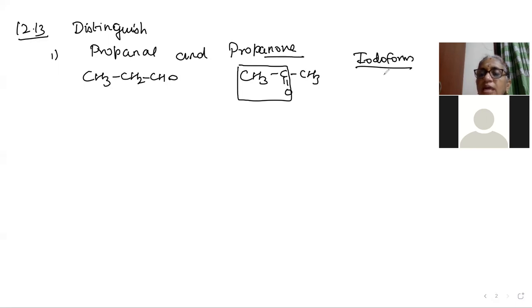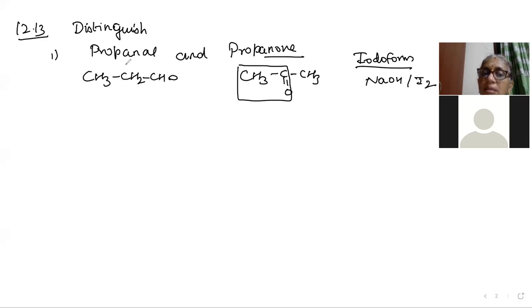What reagent do we add in the iodoform test? Sodium hydroxide and iodine. And on adding this reagent, this ketone alone gives a yellow precipitate. What is the visible observation we see in the iodoform test? Formation of a yellow precipitate of iodoform. Okay, because iodoform is yellow in color. It is a bright yellow crystal.